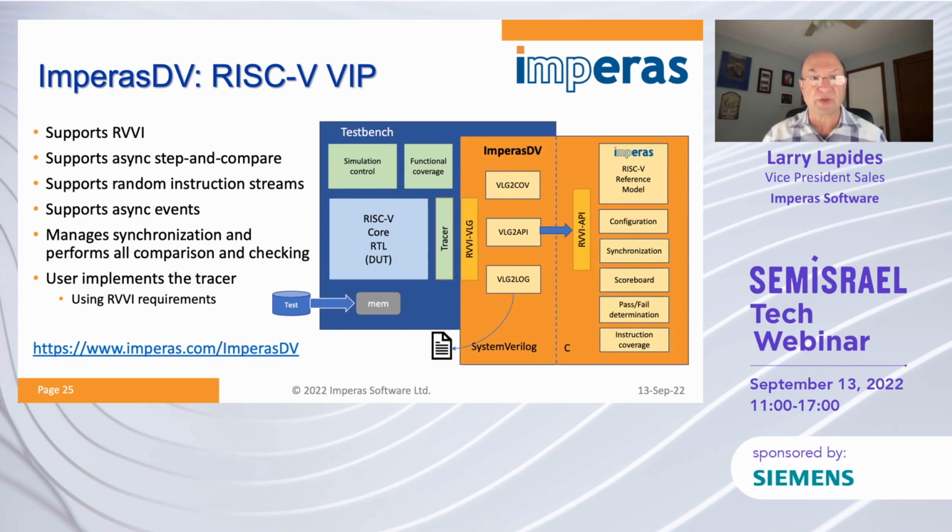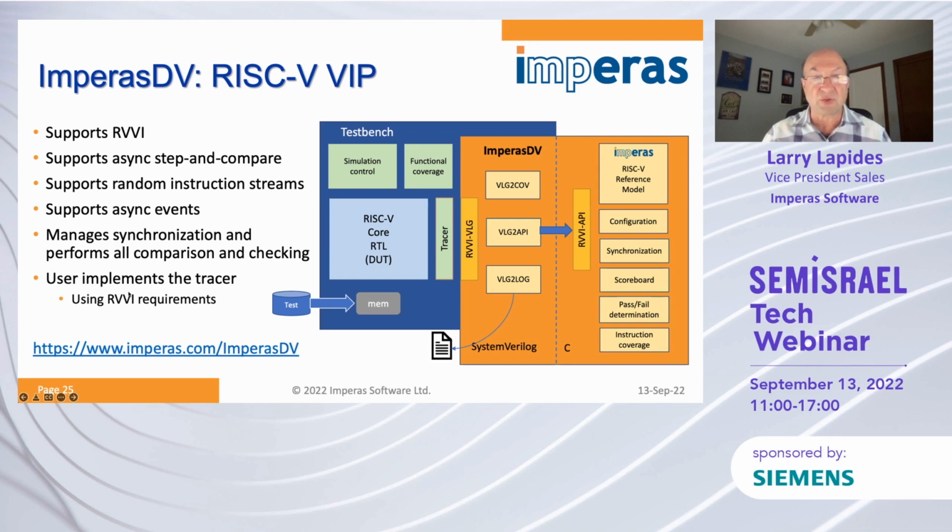So here's the Imperas RISC-V verification IP. It's this Imperas DV product. It supports the RVVI standard, supports the asynchronous step and compare, supports random instruction streams, supports asynchronous events. It manages the synchronization and performs all comparison and checking.